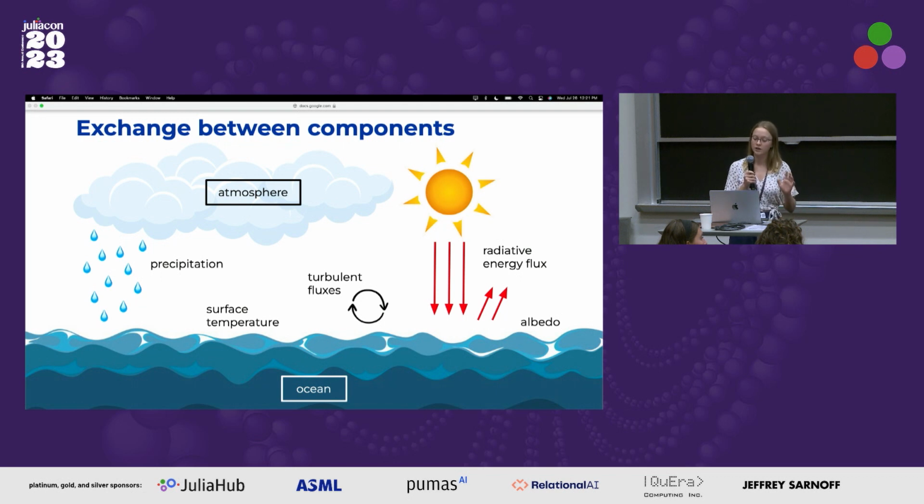We also have slightly more complicated fluxes, such as turbulent fluxes, which rather than being computed internally to one of the models, depend on quantities that exist in both of the models. This could depend on velocities of the air in the atmosphere, the water in the ocean, as well as roughness lengths of both models. So some of these fluxes become more and more complicated to calculate. And again, the role of the coupler is to make sure that both models are on the same page and are exchanging this information accordingly.